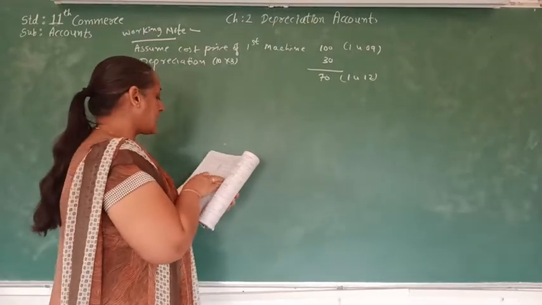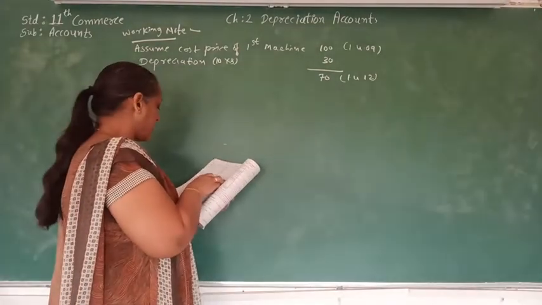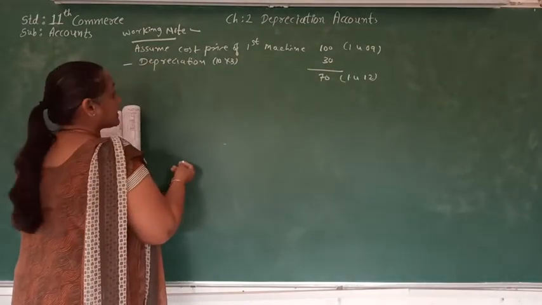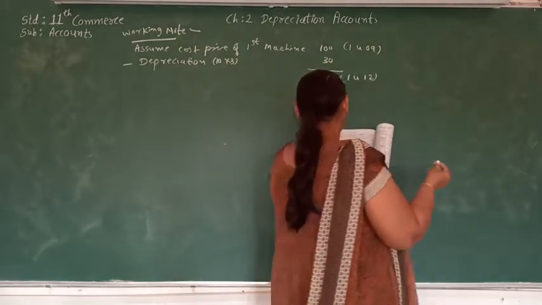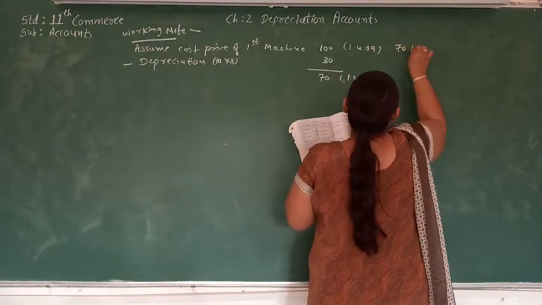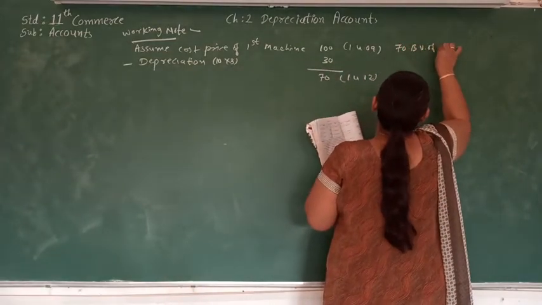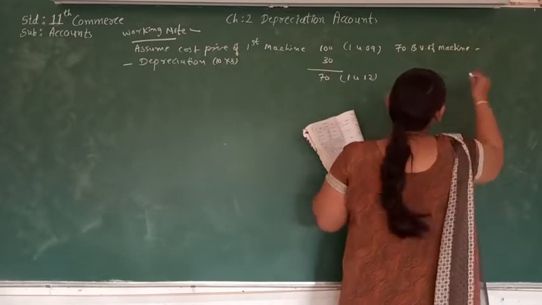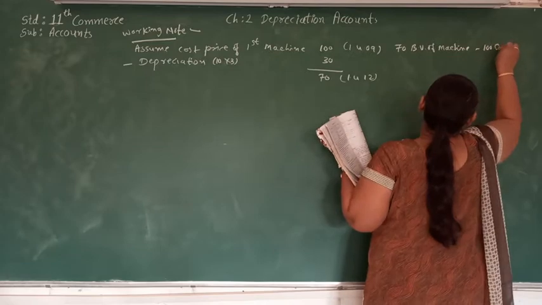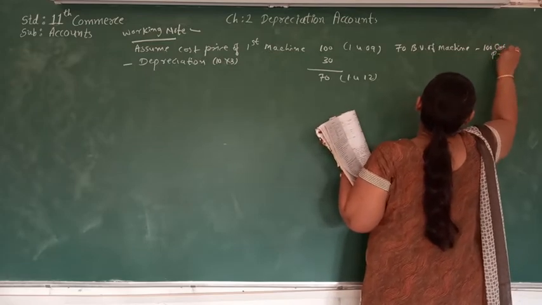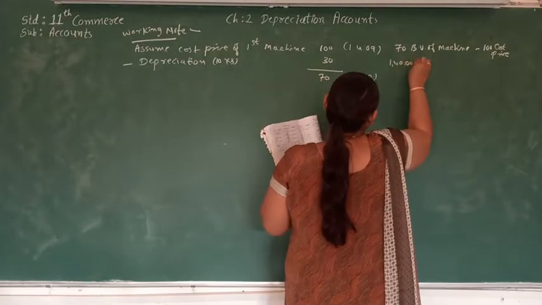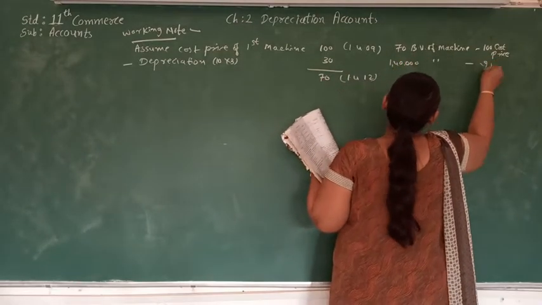So now we can see that right now the book value of the machine is 1,40,000. So here we can keep it like this: if 70 is the book value of the machine, then the cost is how much? 100 is the cost price. So if right now the book value of the machine is 1,40,000, then how much will the cost be?